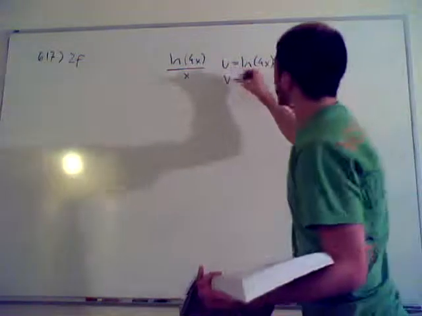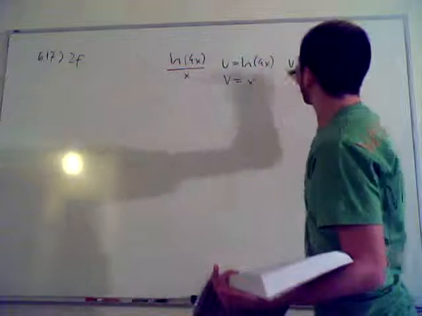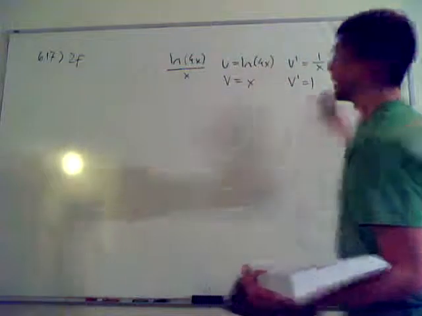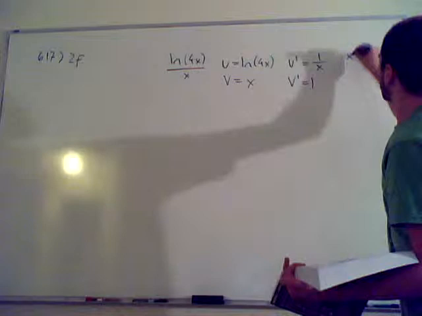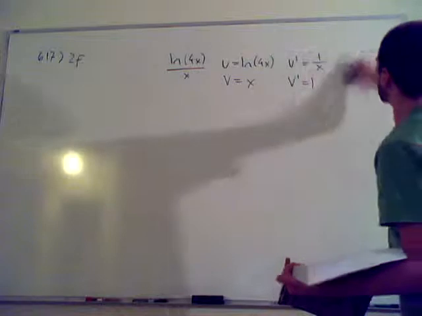Now, v is equal to x. V prime is equal to 1. All right? U prime times v is x over x, or let's do this down here.